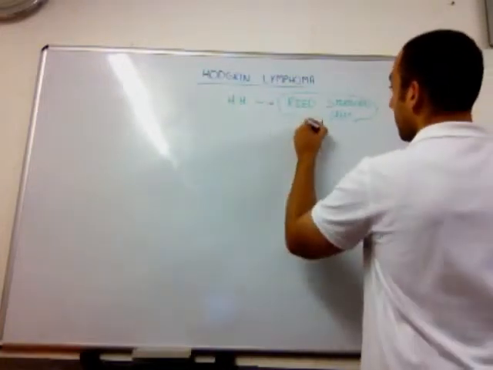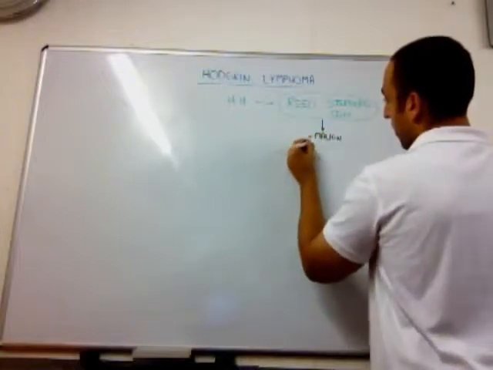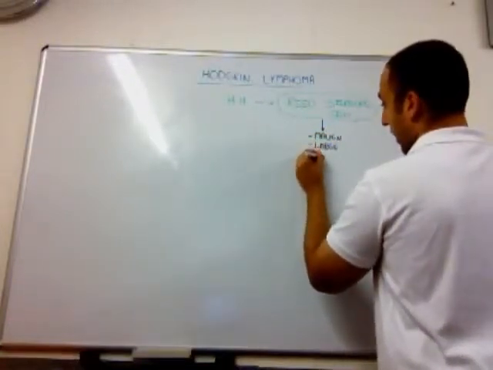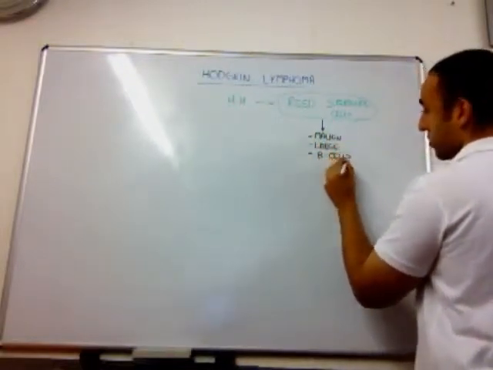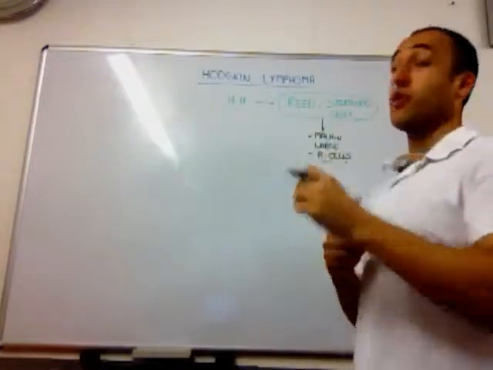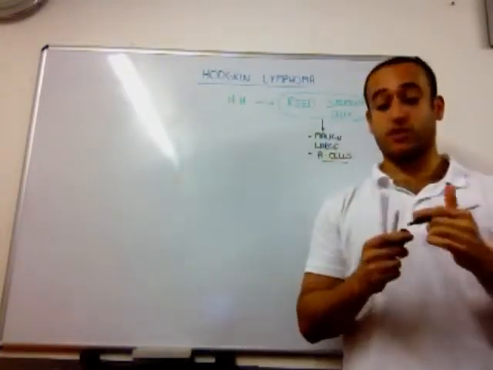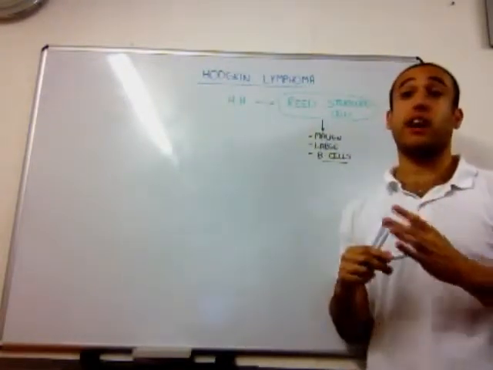So, malignant, large, and it's of B-cell origin, just like we said most lymphomas were. The Reed-Sternberg cell itself usually isn't present in high numbers.